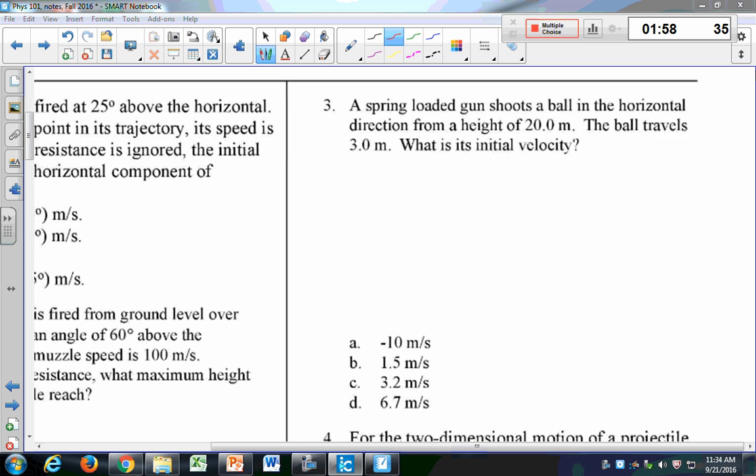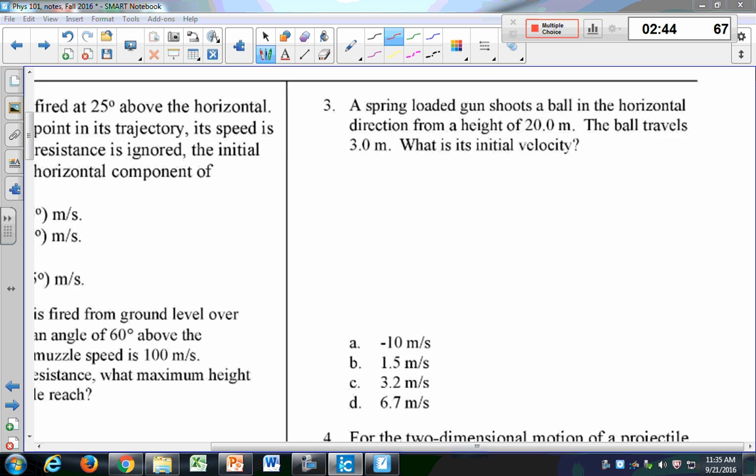Feel free to share your answer. Many of you are sort of honing in on the same answer. About 15 more seconds.